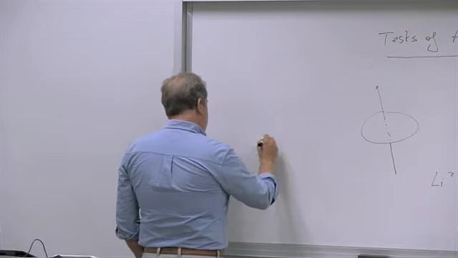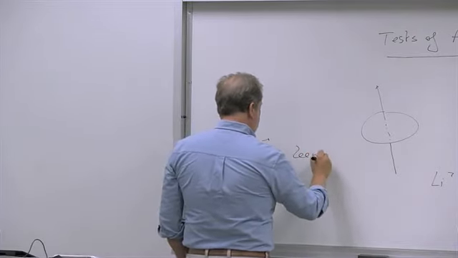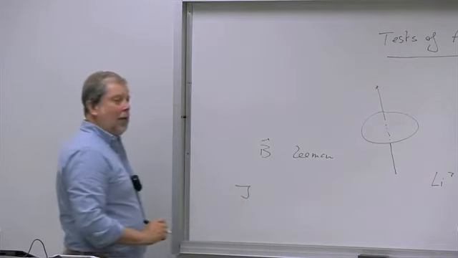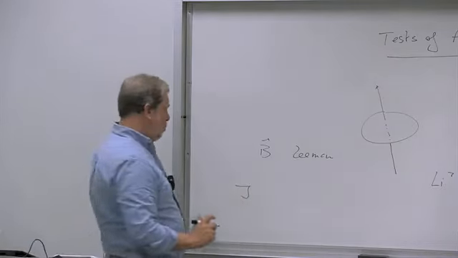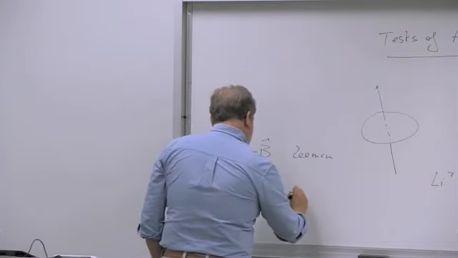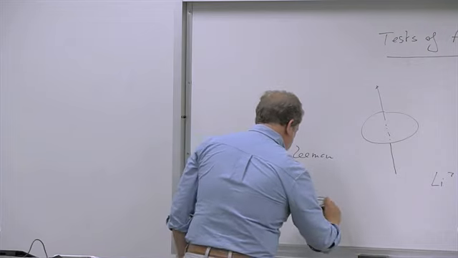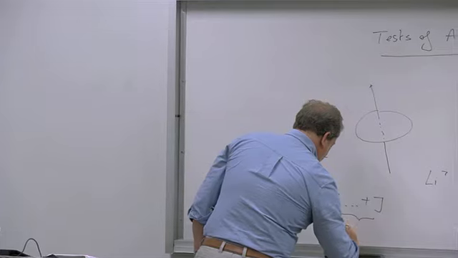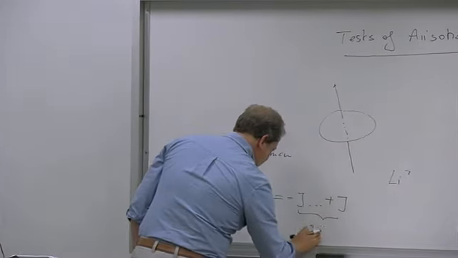You remember that if you have a B field, then you have a Zeeman effect. If you're dealing with a level that is characterized by total angular momentum J, the Jz component will be between minus J all the way to plus J, and so you will have 2J plus 1 levels.